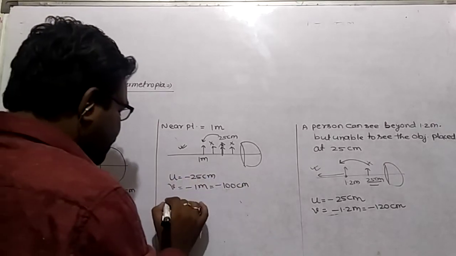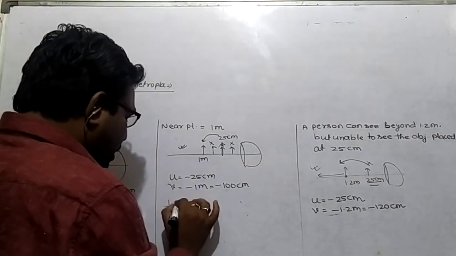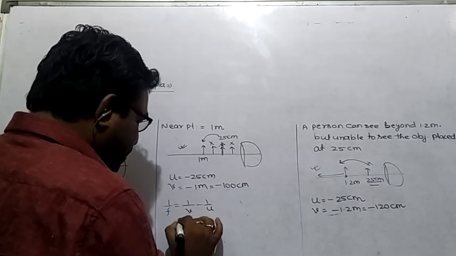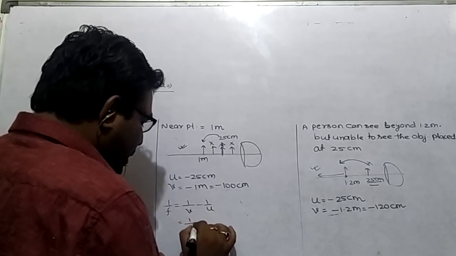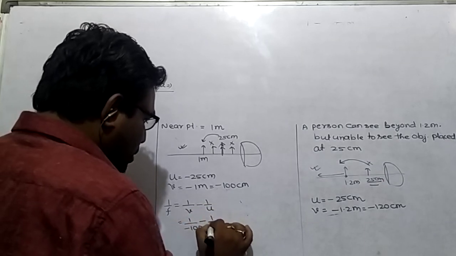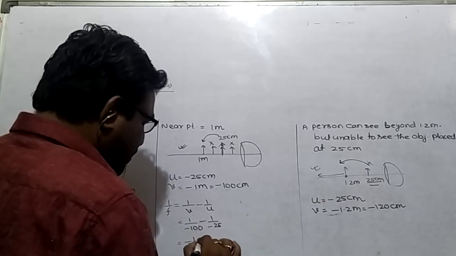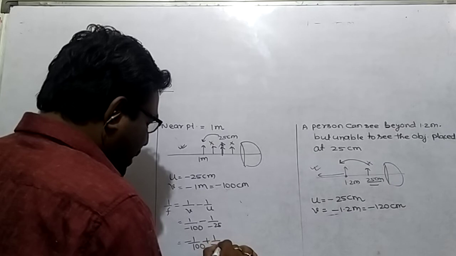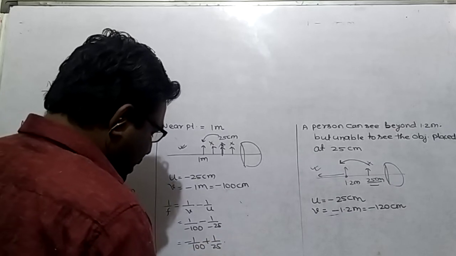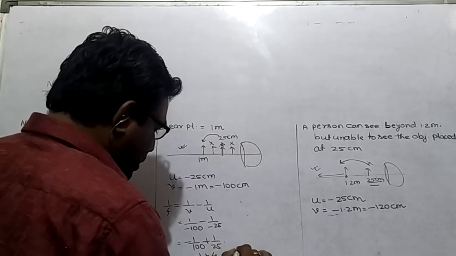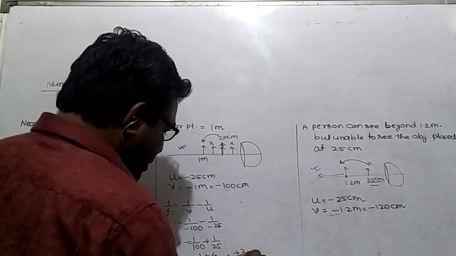Now in this question, 1 upon f is equal to 1 upon v minus 1 upon u. 1 upon v is minus 100, u is minus 25. So minus 1 upon 100, plus 1 upon 25. Taking LCM 100: minus 1 plus 4, that is plus 3 by 100.